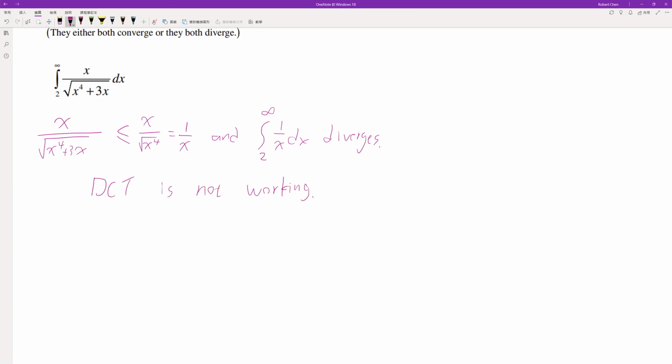Because we have shown that the larger function diverges. From the direct comparison test, we cannot say the smaller function diverges as well. So in this case, let's try the limit comparison test. All right.